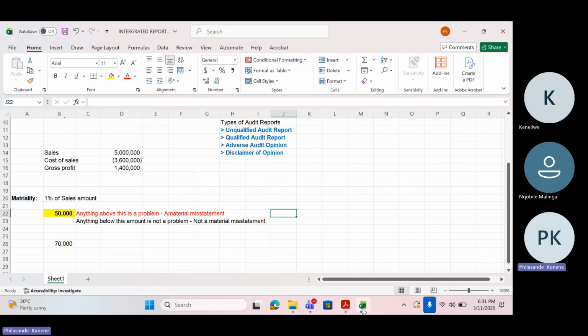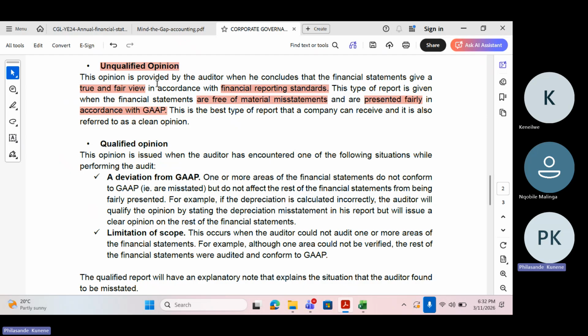I'll give you unqualified opinion. Even if you made an error of 5 rand, I won't kill you for that. It will still be okay. For me as an auditor, I'll say, no, it's fine. If you made a mistake of 50 or of 50,000, I will be okay. It's within the materiality. But as soon as you go above that, now it becomes a problem.